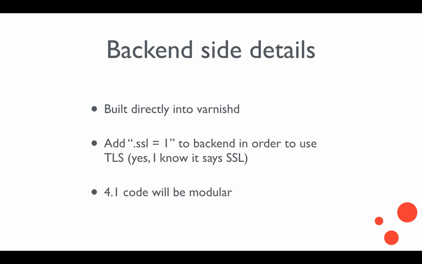Varnish will never send the host header as presented by the client, also when not using HTTPS, because we can't really trust the contents of this host header. And given that the backend connections are reused, we do not want the possibility of different host headers being presented to the same backend for different requests.